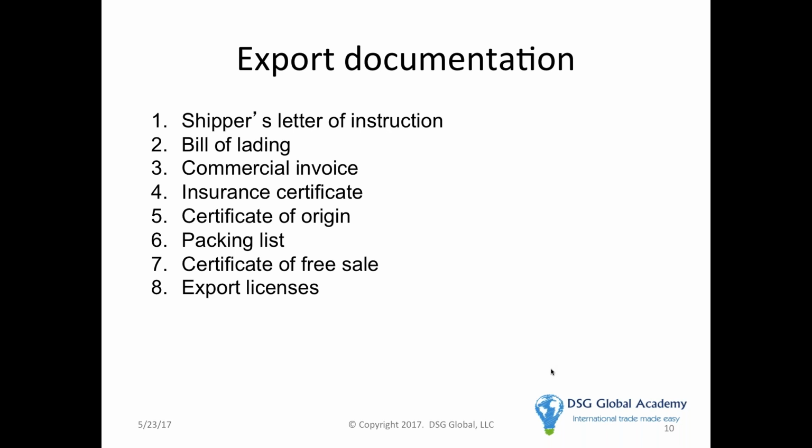But typically, you're looking at an airway bill or bill of lading, depending upon if it's air or ocean, commercial invoice, certificate of origin, which is required by many customs agencies around the world, packing list, and depending upon whether it's pharmaceuticals or comes into contact with the human body, there could be something known as a certificate of free sale. Some items may need an export license, and your freight forwarder might ask you for a copy of that license so that they are not liable for violating export controls.